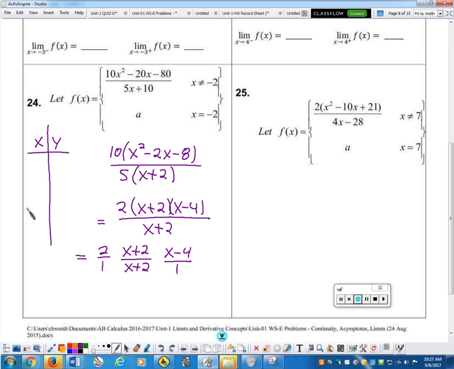So what they do instead is they say, hey, when x is -2, since this formula won't give you a y coordinate, you choose the y coordinate you'd like it to be. The a represents whatever number you want it to be, but we want the a to be the exact y coordinate necessary to plug the hole.